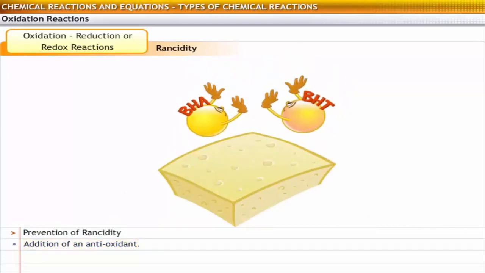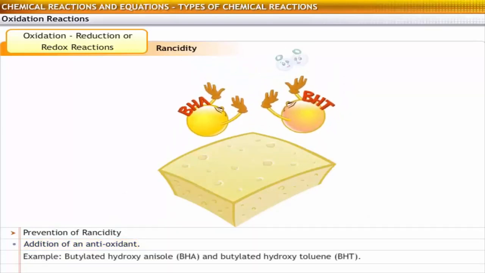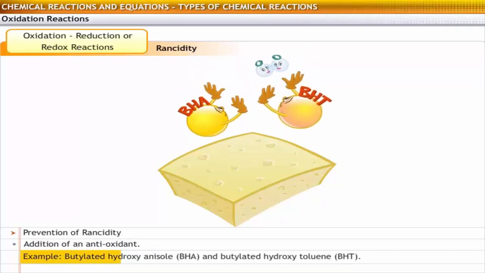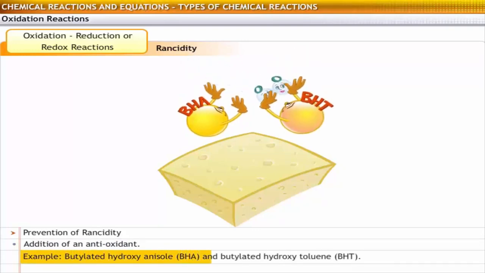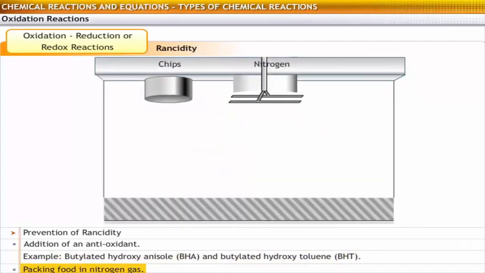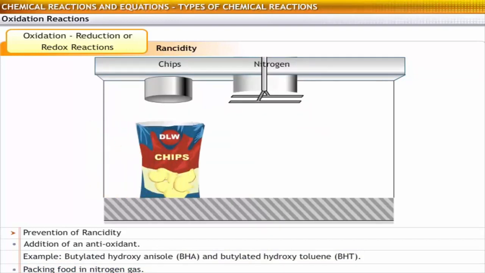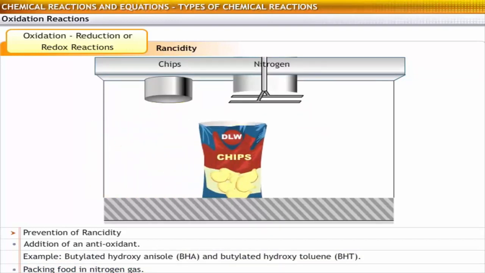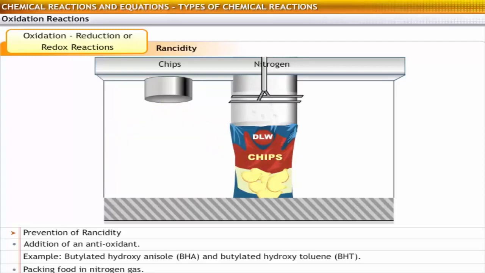Two common antioxidants used in food are butylated hydroxyanisole (BHA) and butylated hydroxytoluene (BHT). The other way is packing food in nitrogen gas, as nitrogen prevents oxidation of food. For example, rancidity in potato chips can be prevented by flushing the bags with nitrogen while packing.